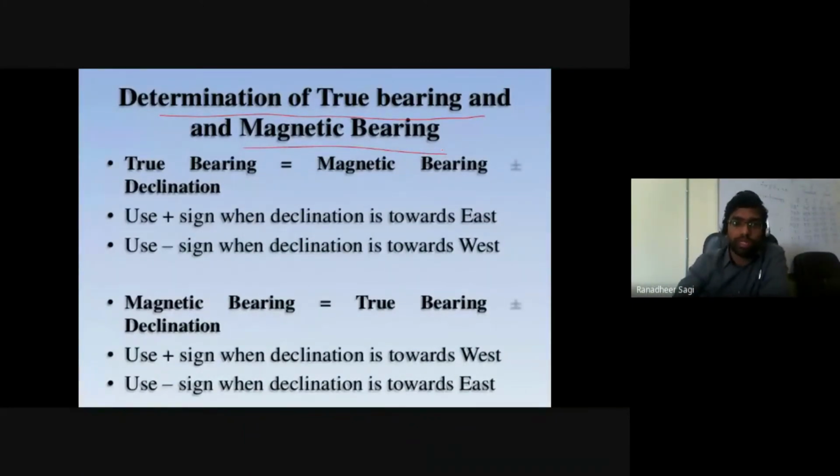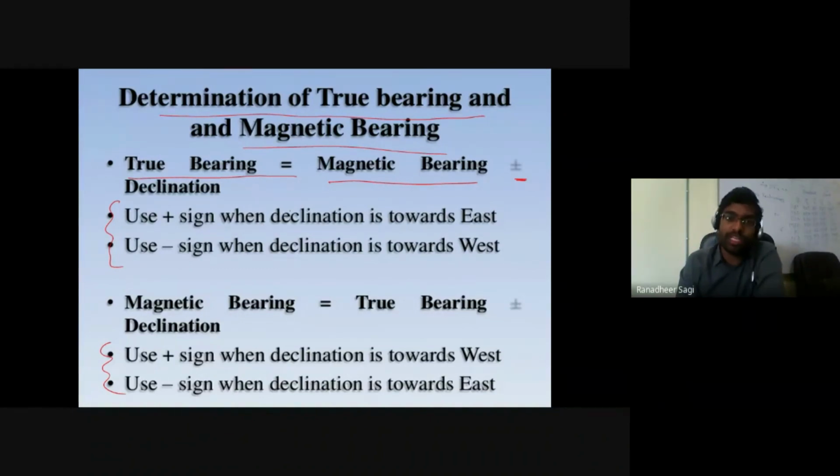Try to understand the sign conventions that we will certainly follow. If I am required to calculate the true bearing, it is equal to magnetic bearing plus or minus declination. This is very important. When should I use plus? When should I use minus?